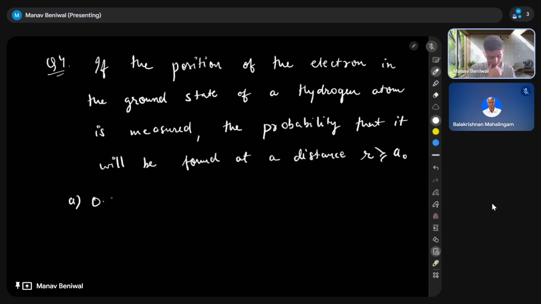For option A we have 0.91, for option B we have 0.66, here we have 0.32, and then here we have 0.13.